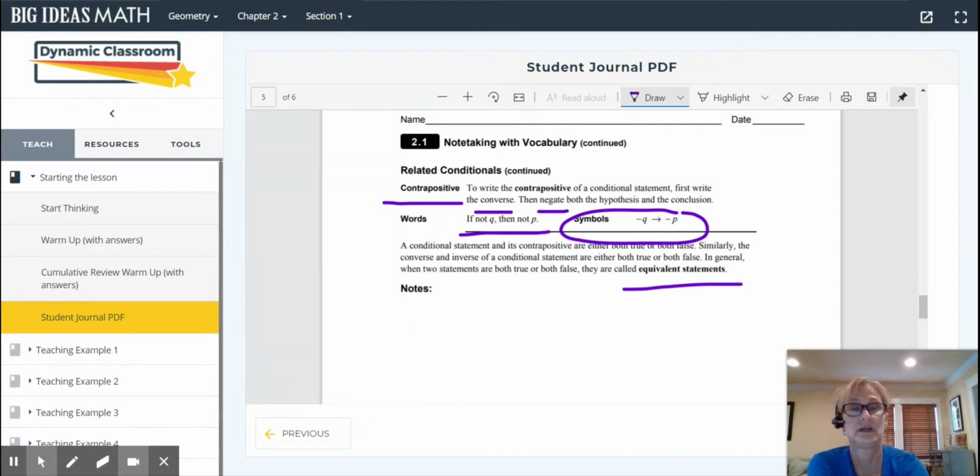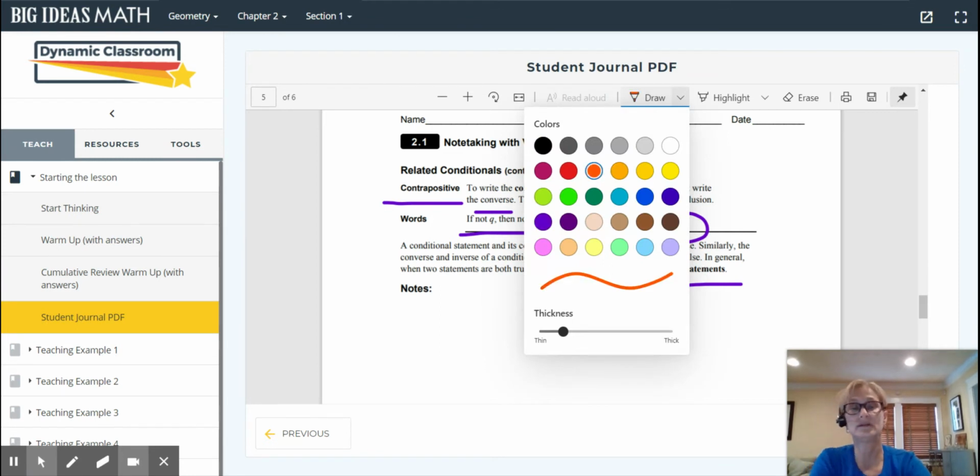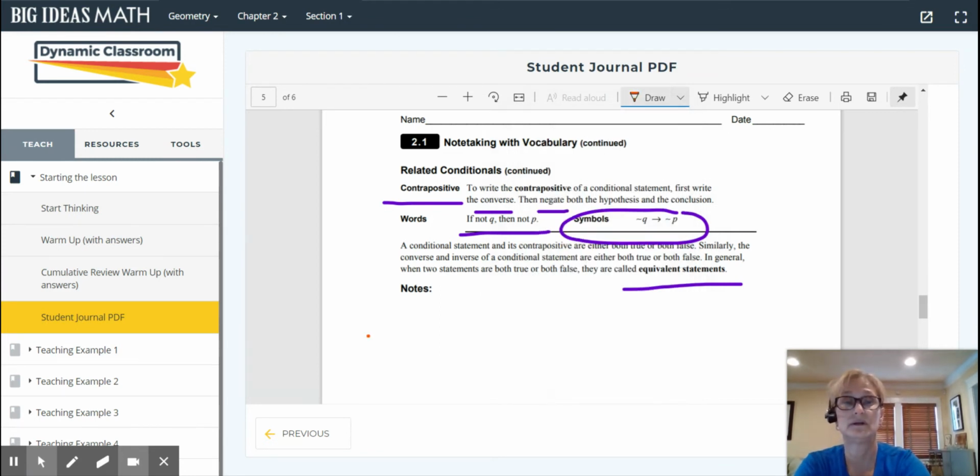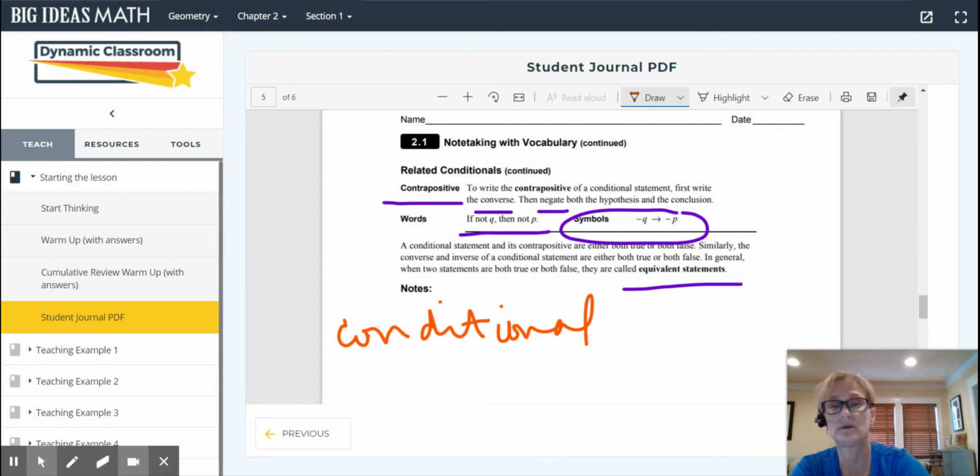Okay, equivalent statements. So the ones we're going to put together, I'm going to do a different color here. So the ones that are going to go together, okay, is the conditional. Please write this down. I'm not great with this pen. The conditional and the contrapositive are the same.